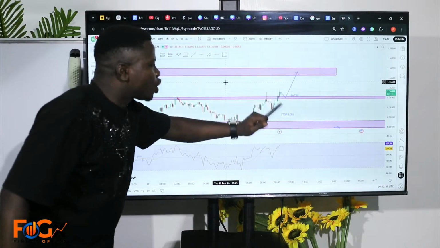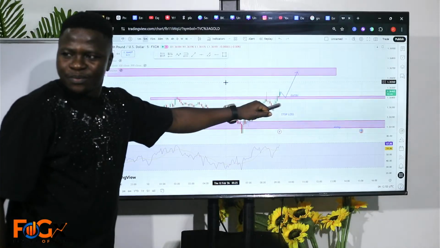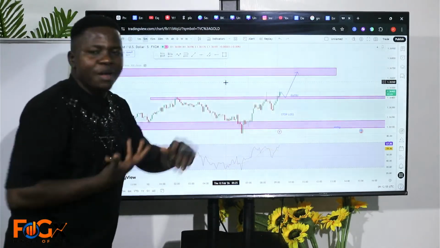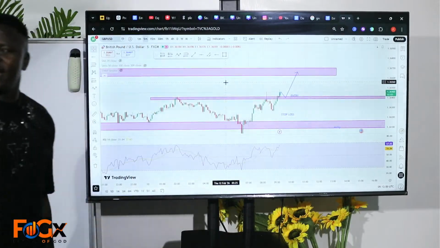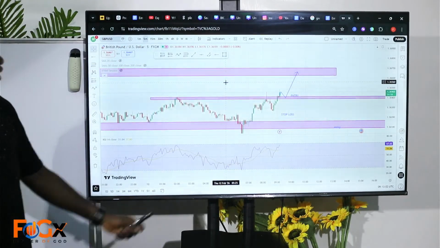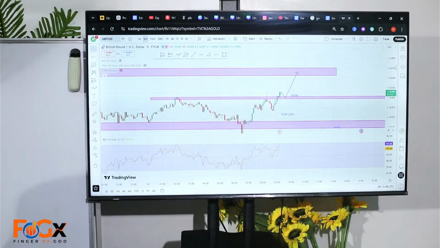Then I ensure that price doesn't cross below this low. Then I find my buy. Stop loss here, entry somewhere here. I take it back to TP1, then I target TP2 up there.